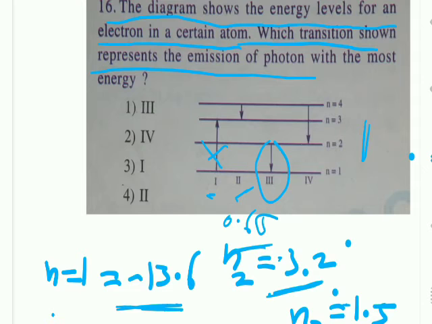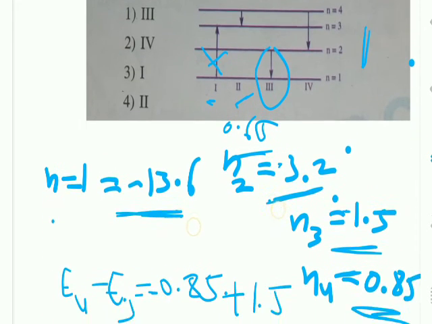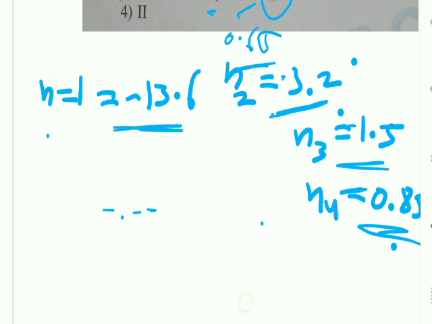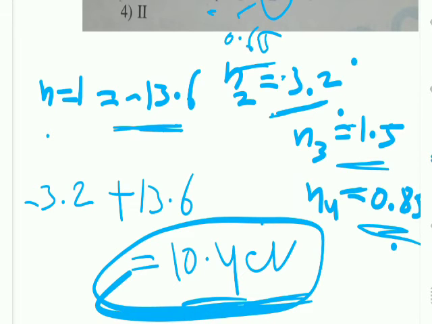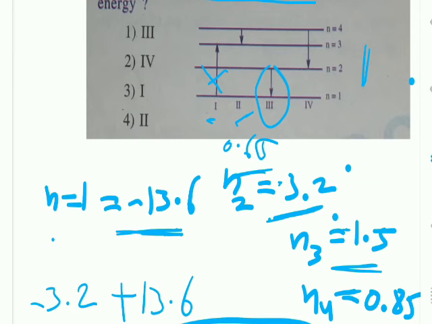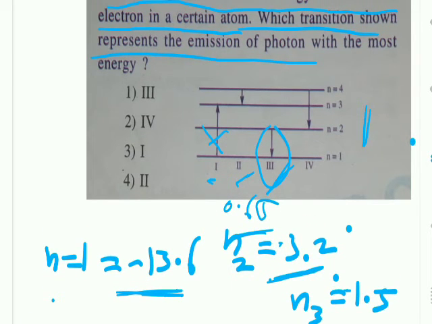Check the third one: n2 to n1, so E2 minus E1. E2 is minus 3.4, minus into minus plus 13.6, so 10.2 electron volts. It is the maximum transition of the given diagram. So our answer is the third one, nothing but option 1 is the right answer. It is the maximum photon energy.